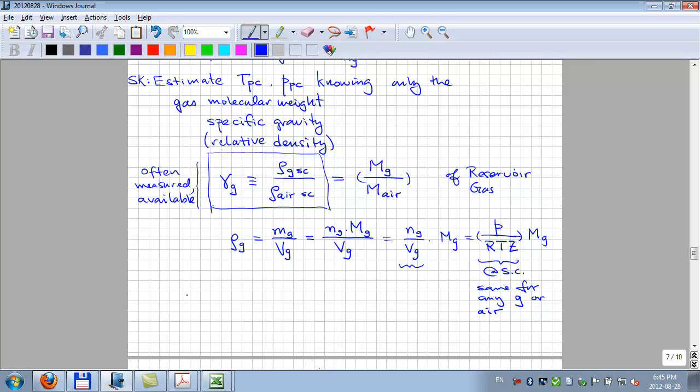And often in the book it's always written this way, with no units, but we actually write it this way, so that it's clear. If somebody's sloppy, they forget the G on the specific gravity.